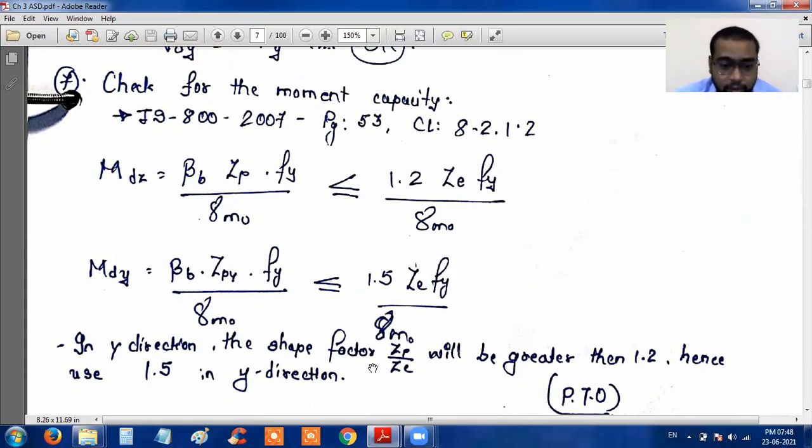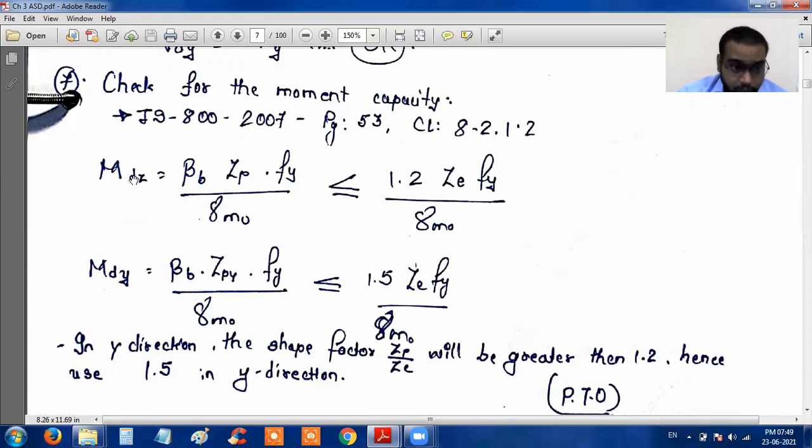Here the shape factor is 1 upon beta b. Beta b means Ze upon Zp, and the shape factor is Zp upon Ze. Zp means the plastic section modulus, and Ze is the elastic section modulus.